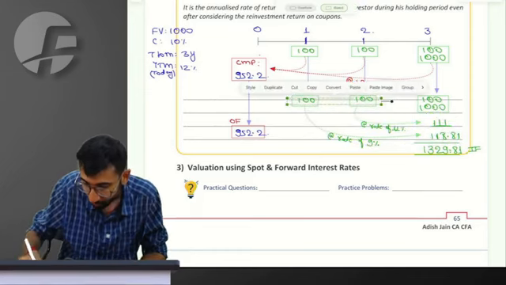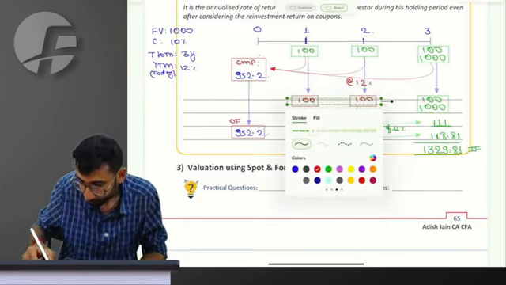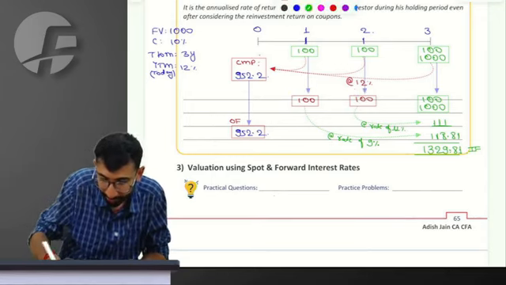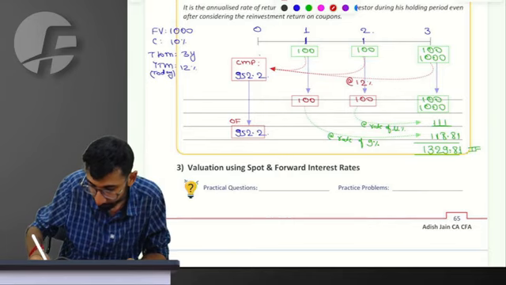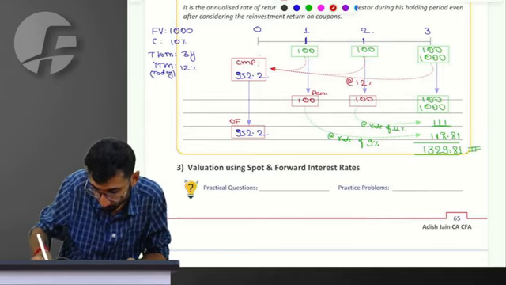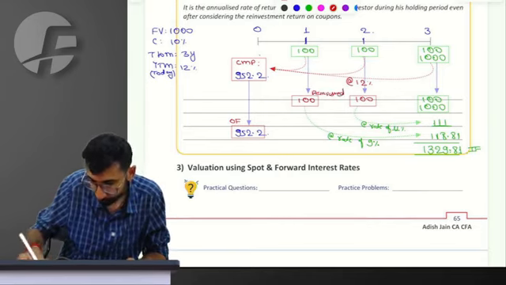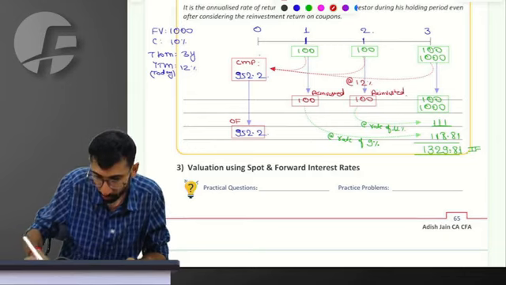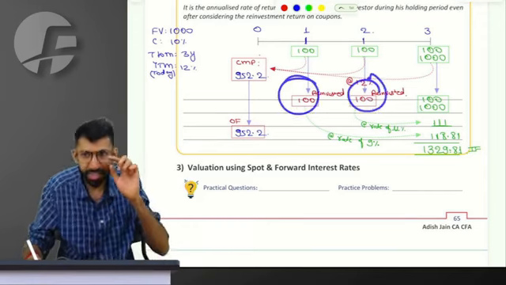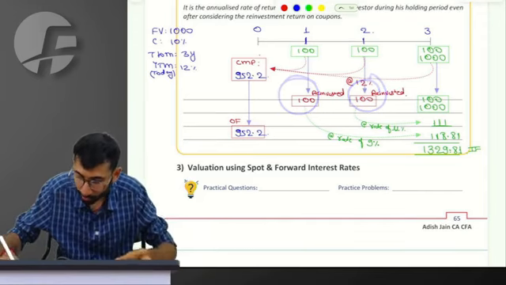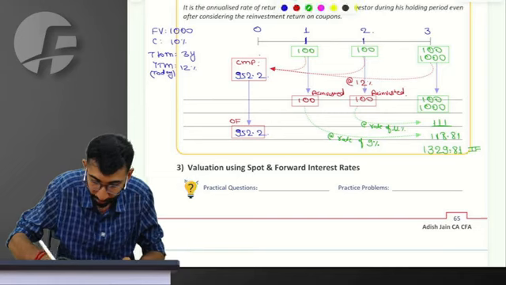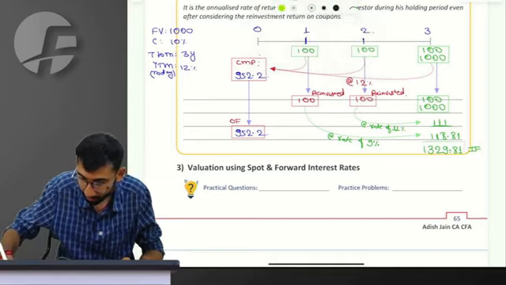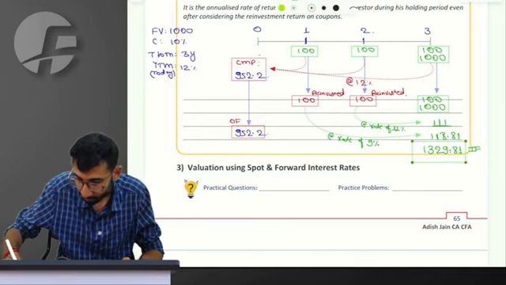So let me do one thing. Let me make these two amounts in red and show them as reinvested. These two coupon amounts again got reinvested. The ultimate amount of cash inflow I received at the end of third year is this one.